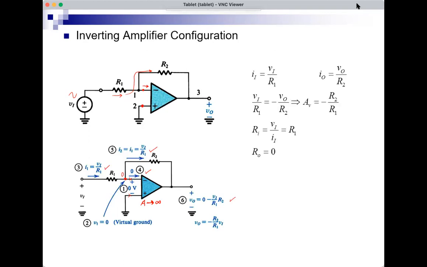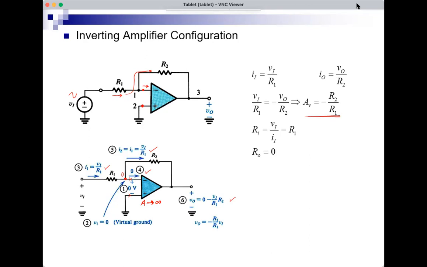A very simple and very well-known relationship for such a circuit. You get a gain, which is minus R2 over R1. So inverting, negative gain. And the gain is the ratio of the two resistors.